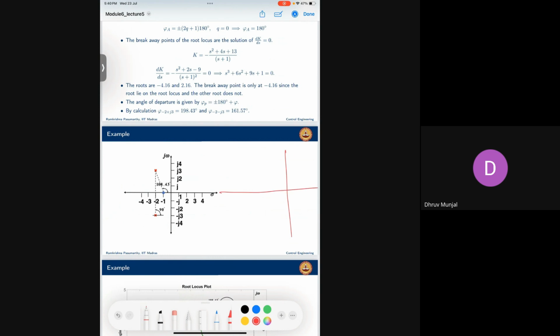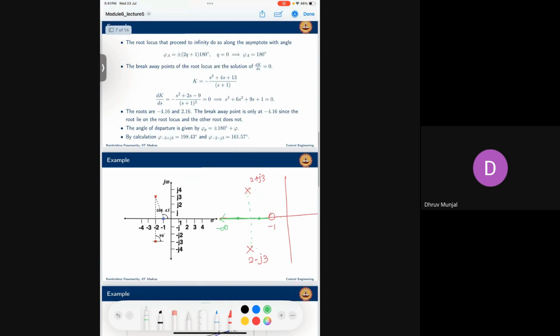Okay, this is your zero at -1. These are the poles, -2 plus j3, -2 minus j3. And when I'm considering the root locus, if I take a test point here, this will be odd, so this is in my root locus. If I take a test point here, there will be 3 altogether, poles and zeros, so this will also be in the root locus. So from -1 to -infinity, everything will be in your root locus.